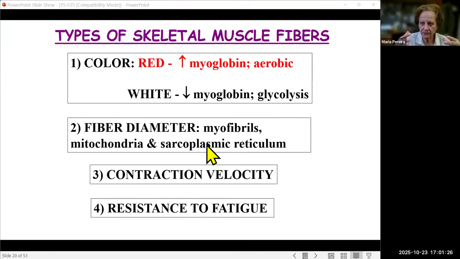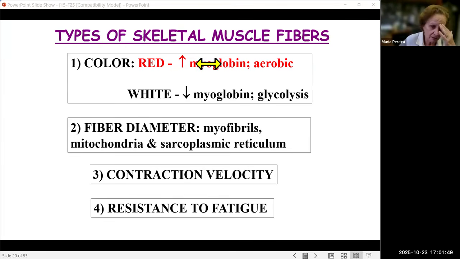So what is the difference? The dark meat of the chicken, those muscles that are in the legs, are much stronger. They don't tire as much. And why do they have that dark color? Look here. They have a lot of myoglobin. So it's the myoglobin that gives that dark color to the legs of the chicken.